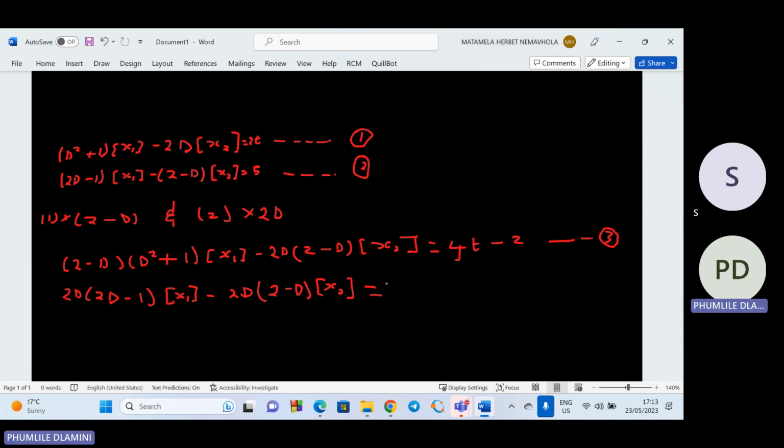Then when we differentiate this one, it's going to give us 0. This is going to be equation 4.